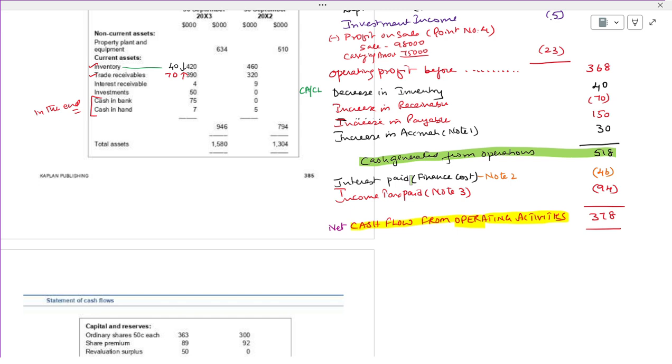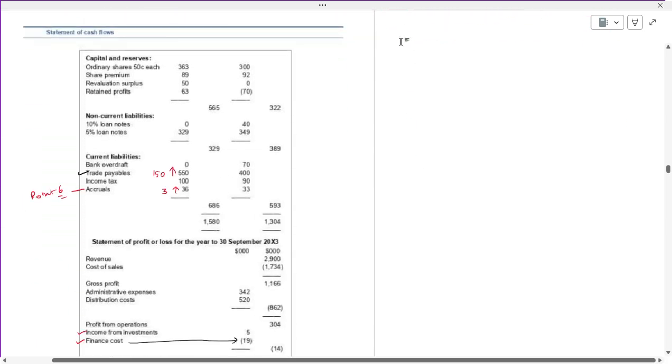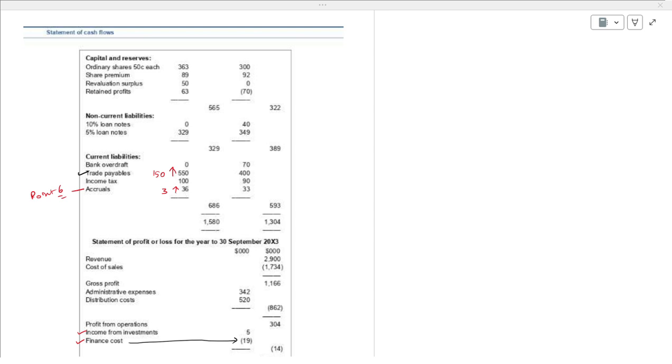Fine. Now, can I continue or should I stop? Is a big part remaining? It is not that much, but it needs explanation. We will do investing now, and tomorrow we will do financing. Is it okay?